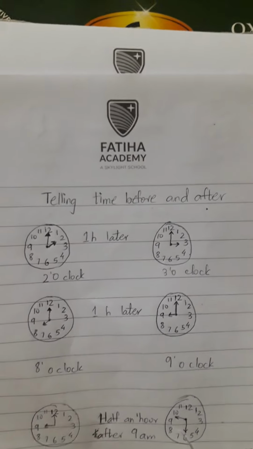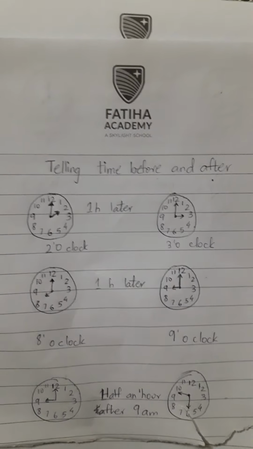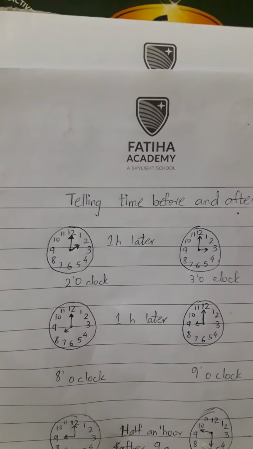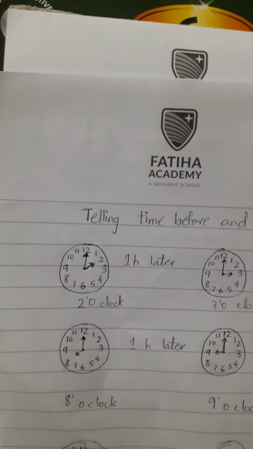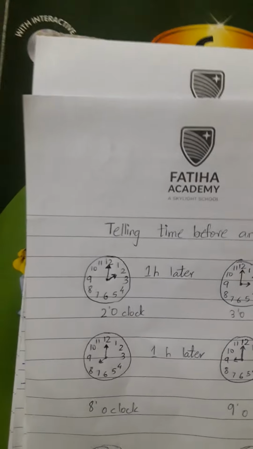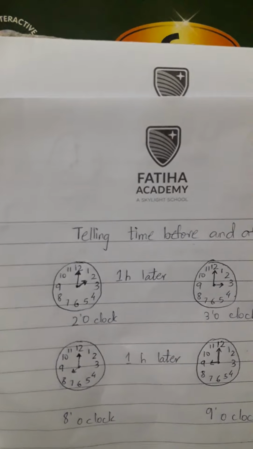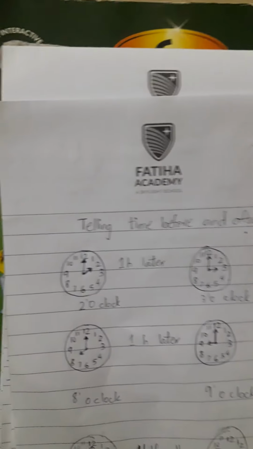So we will be talking about how we can tell the time before and after. Like I say, what will be the time after 1 hour? For example, right now the time is 8 o'clock. So what will be the time 1 hour after 8 o'clock? You should be able to tell the time in this way.